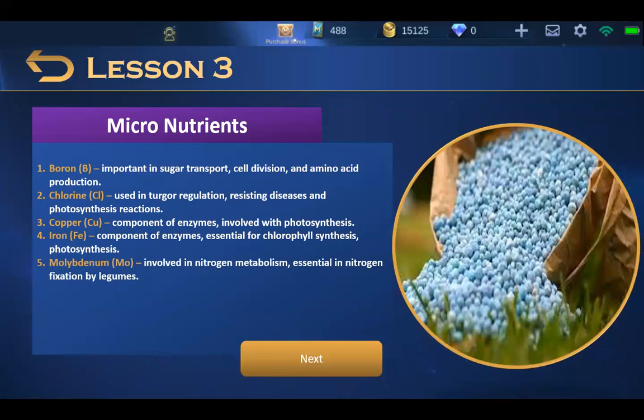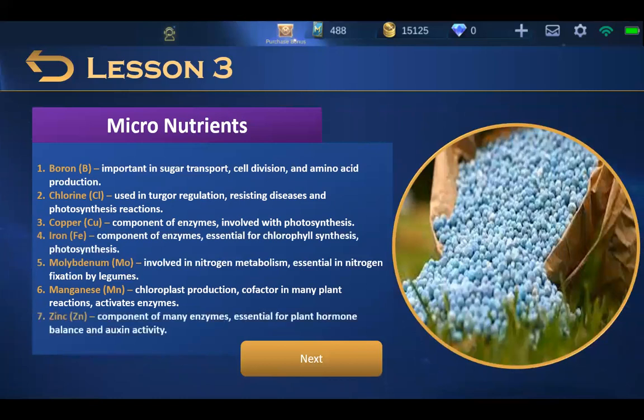Molybdenum, involved in nitrogen metabolism, essential in nitrogen fixation by legumes. Manganese, chloroplast production, cofactor in many plant reactions, activates enzymes. And zinc, component of many enzymes, essential for plant hormone balance and auxin activity.